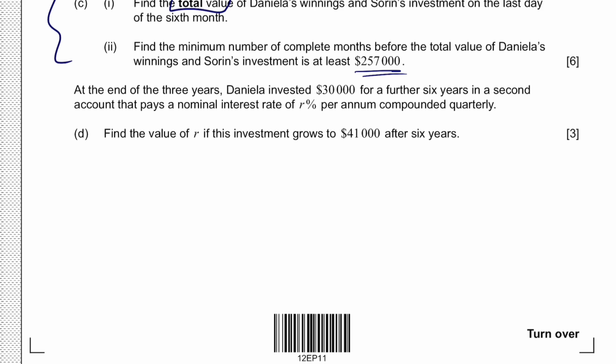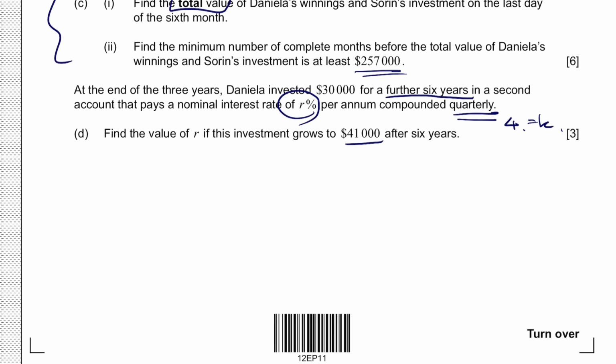Okay, so let's try the last question. At the end of the 3 years, Daniela invested again for a further 6 years in a second account that pays a nominal interest rate of R% per annum compounded quarterly. That means it's getting paid 4 times, right? K is equal to 4. For question D, we need to find the value of R if this investment grows to 41,000 after 6 years.